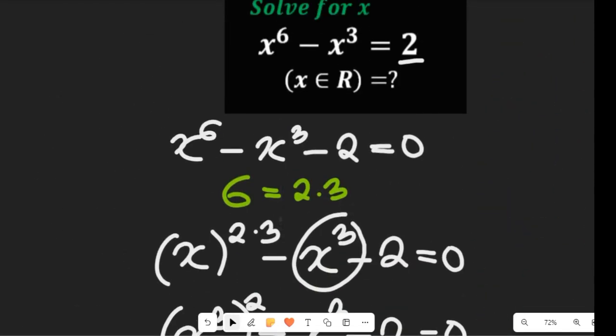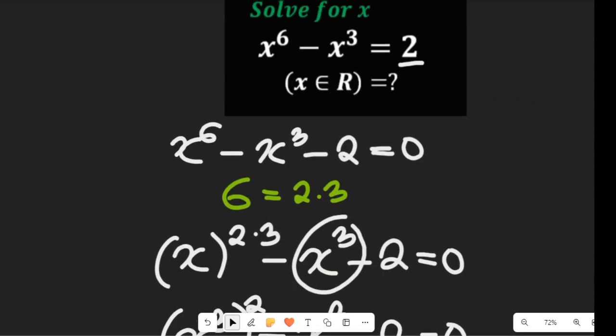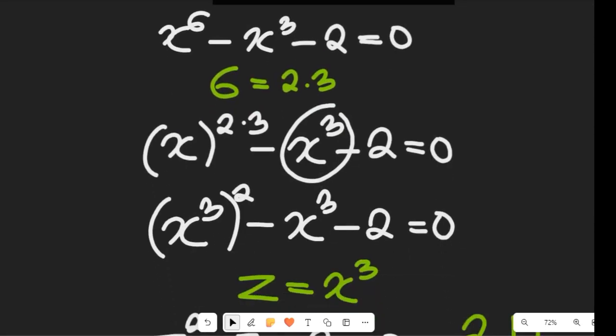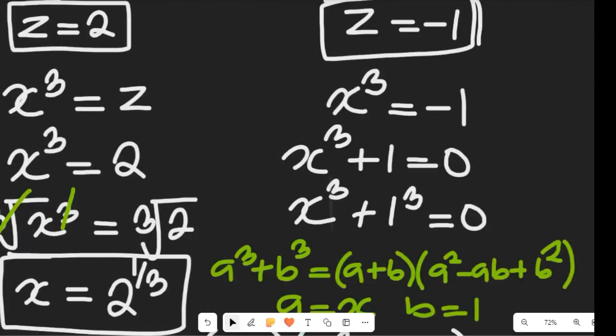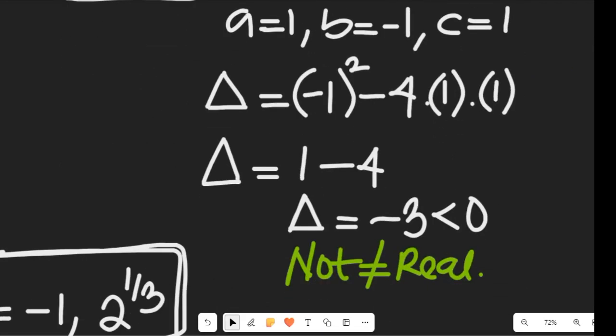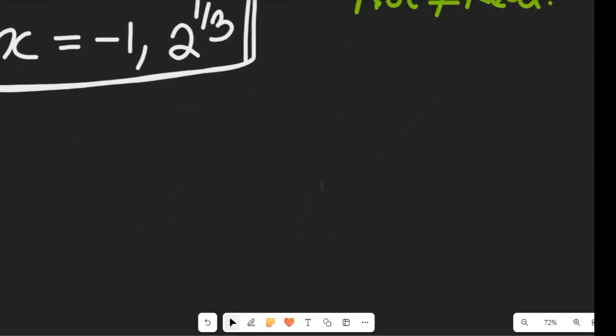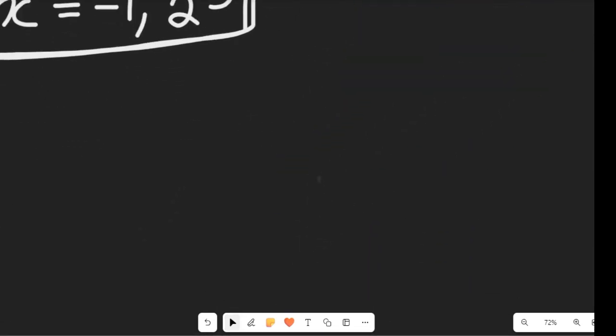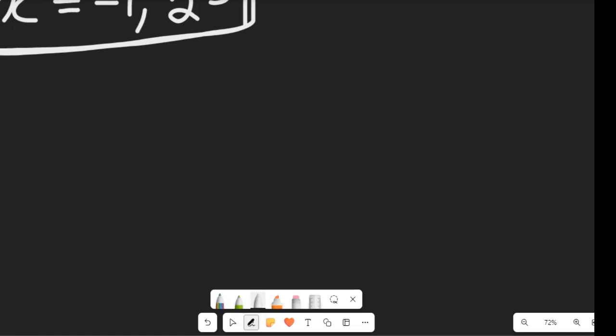We are given x to the power of 6 minus x to the power of 3. Is it going to give us 2? Let's test and see. We'll have the value of x to the power of 6 minus x to the power of 3. Will it be equal to 2?